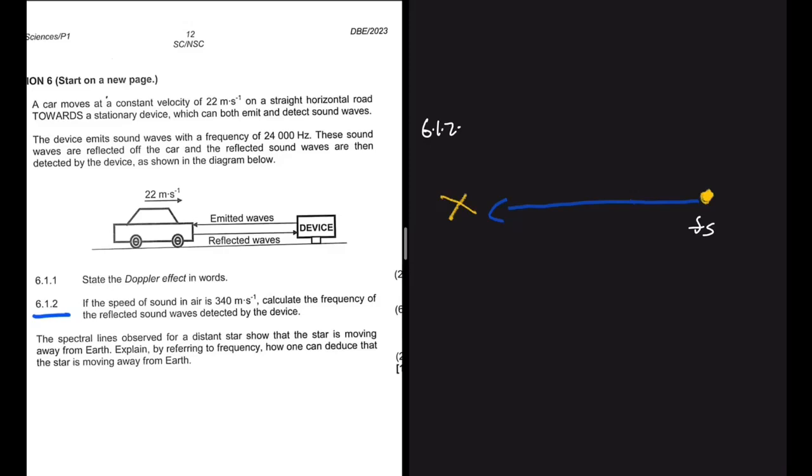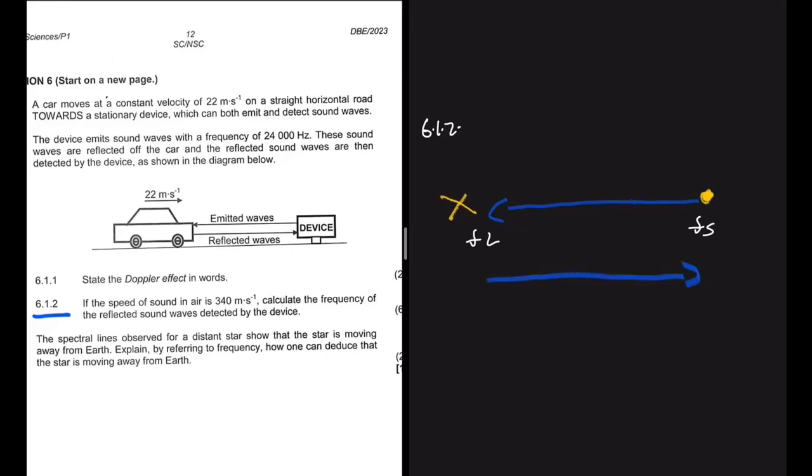We now have FL. The car detects a totally different frequency, and from that frequency it detects, it's now going to reflect it and send it back to the device. So now we have this frequency being reflected back to the device.